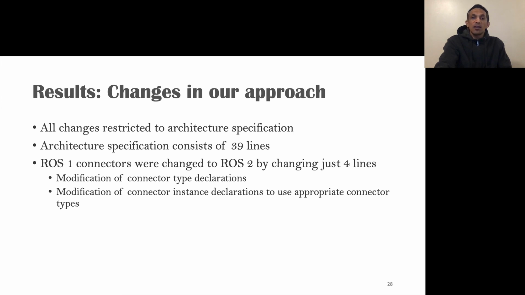So we just had to modify 4 lines in the architecture description to migrate the connectors in the system from ROS 1 to ROS 2. As I mentioned earlier, this fulfills the goal of localized changes. And since the component implementations are not changed, goals of data uniformity and semantic equivalence of individual components are also met.